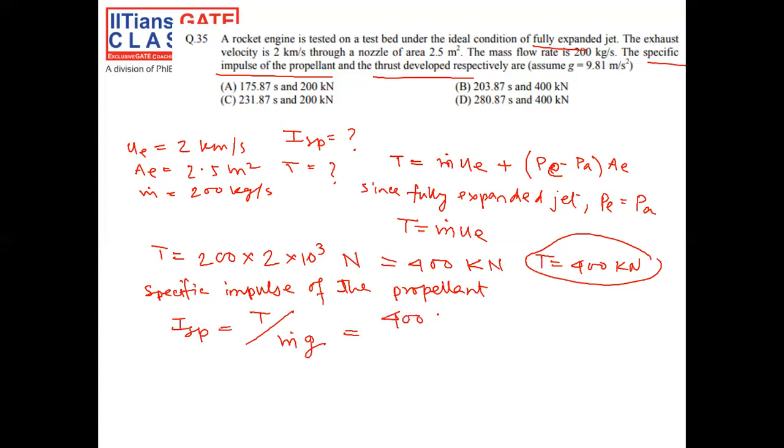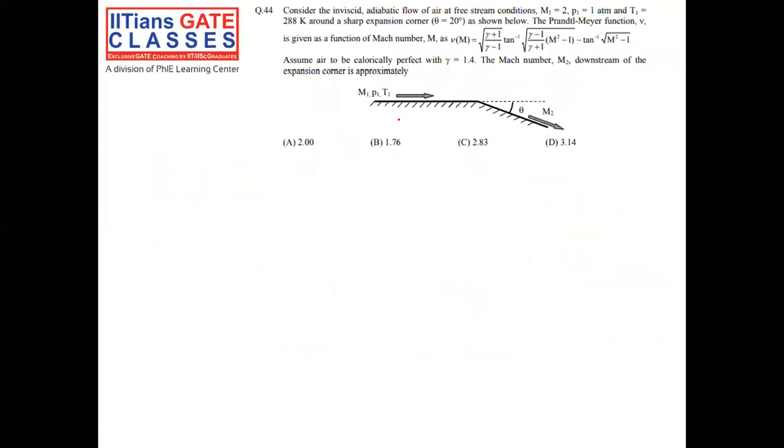So T value is this, mass flow rate is 200 and g is 9.81. So this will come to something around 203.87 seconds. So this is the correct answer, B. Next question.